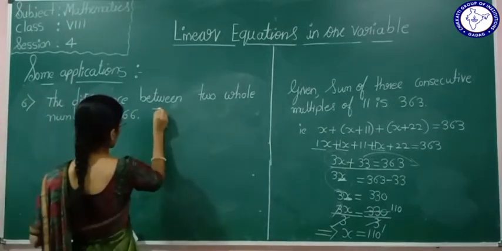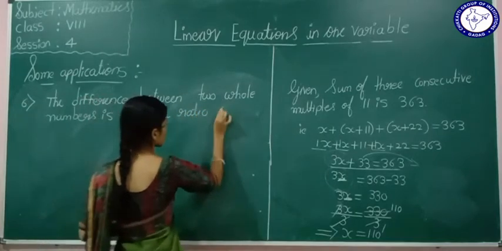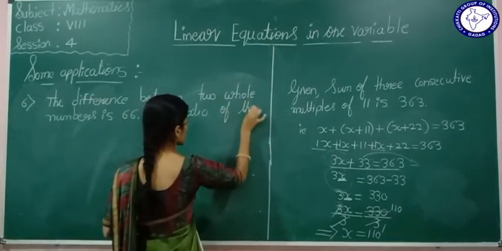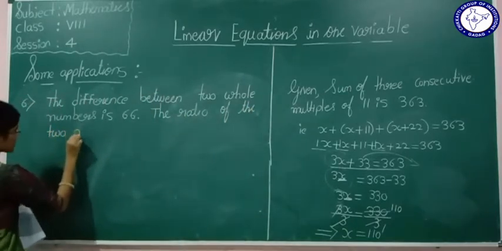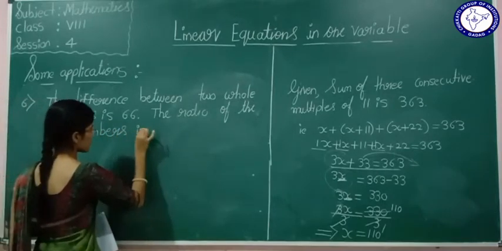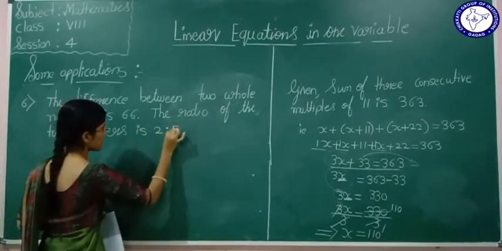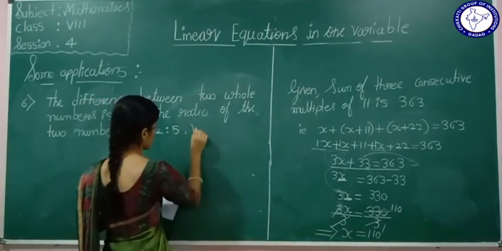The ratio of the two numbers is 2:5. What are the two numbers?